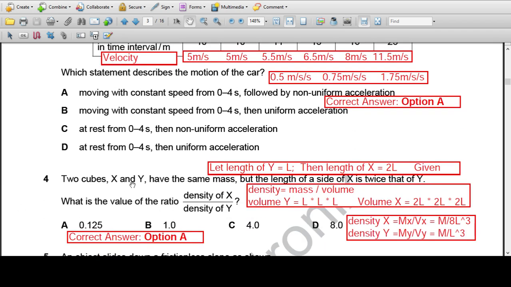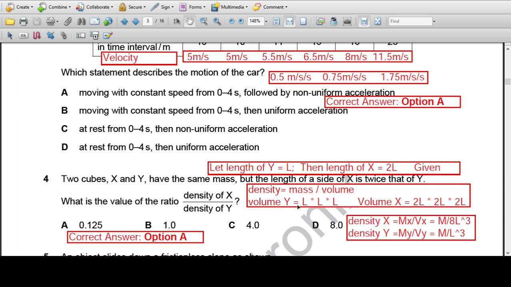Two cubes, a cube x and a cube y, have the same mass, but the length of a side of x is twice that of y. So one side length of x is 2 times the length of y. Given this information, we know that density is equal to mass upon volume.